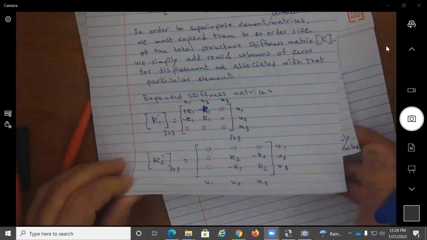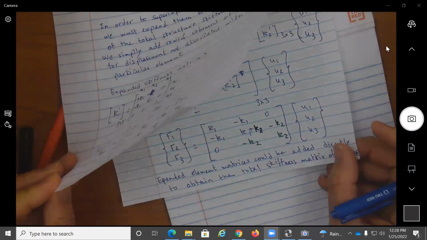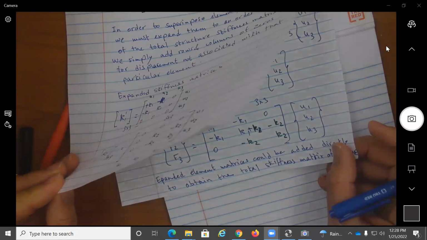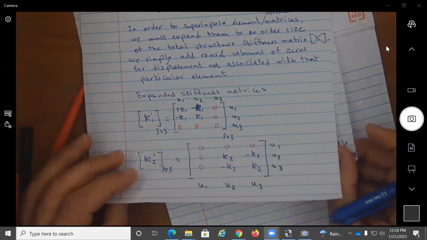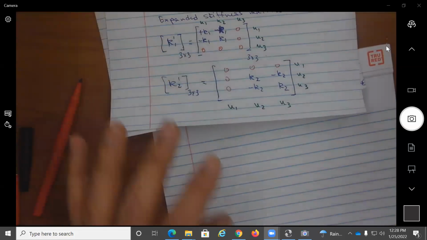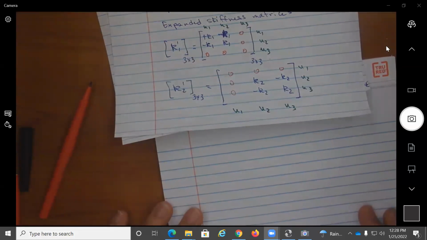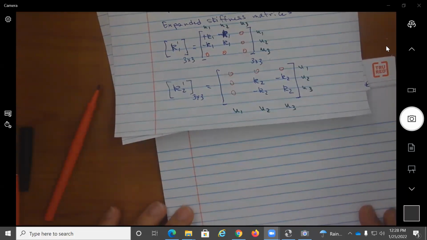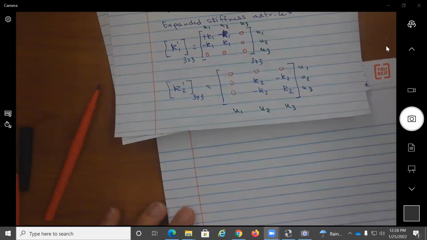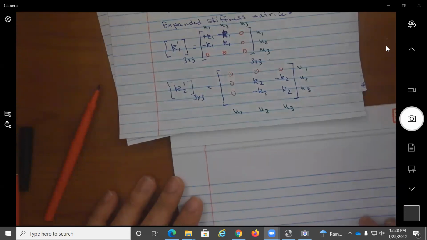Does this apply for more than 1 degree of freedom, or would that have to be added separately? Oh, absolutely, it will apply. So this direct stiffness method is a reliable method, specifically for problems with a large number of degrees of freedom. And this is something important to keep in mind.